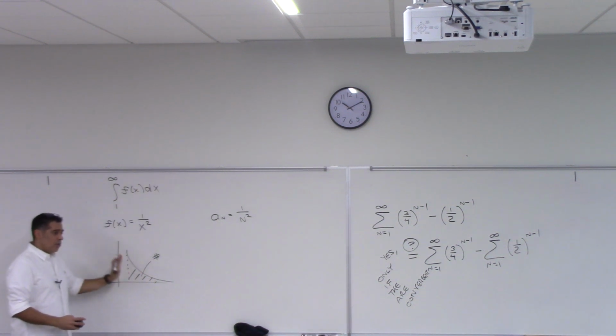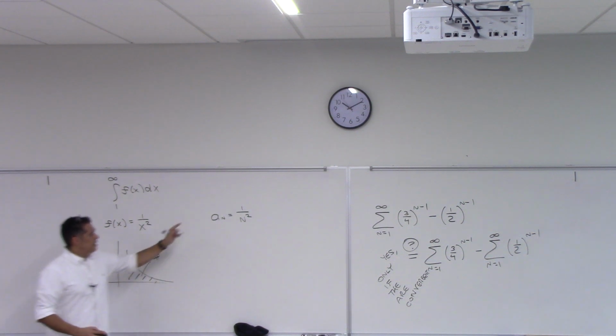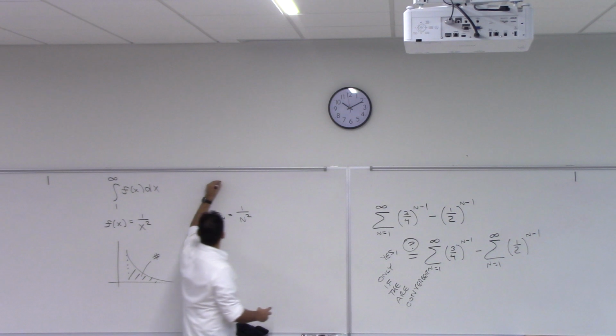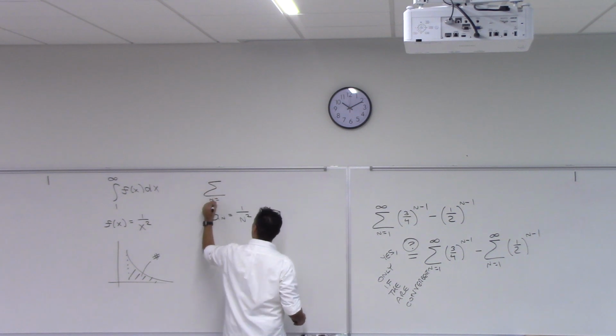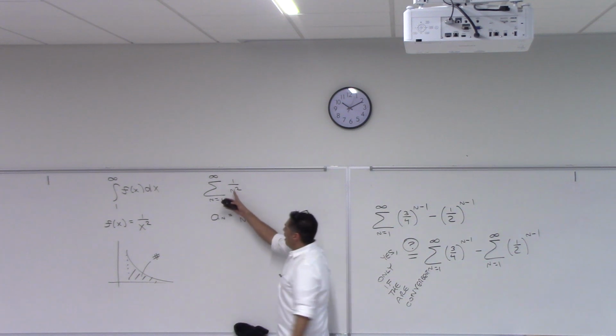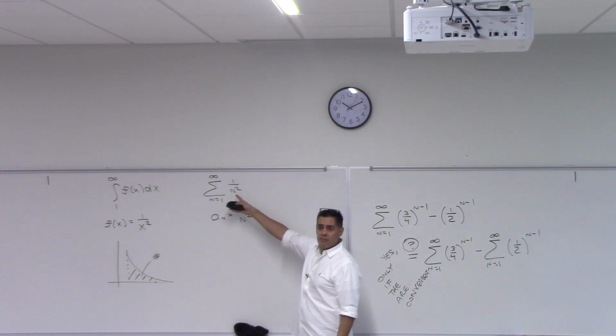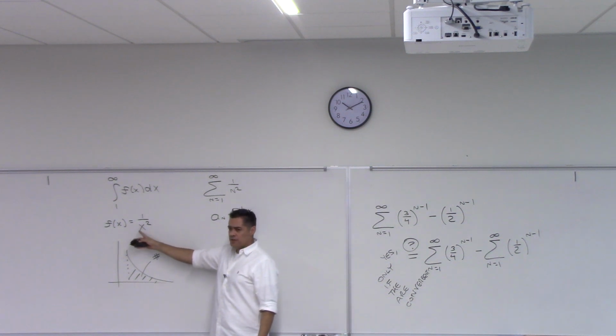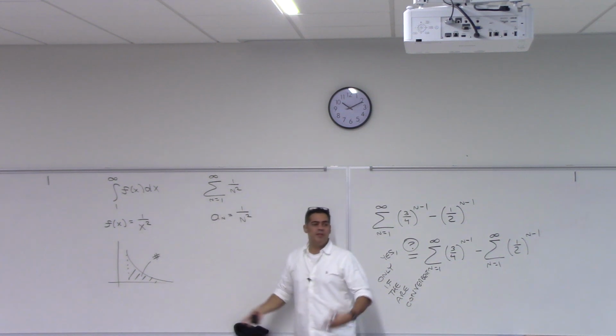This sequence is the same as this function. I would like to know the series of that. And I want to know whether or not this converges. Well, this converges, doesn't it? So the question is, does that? What does your instinct tell you?